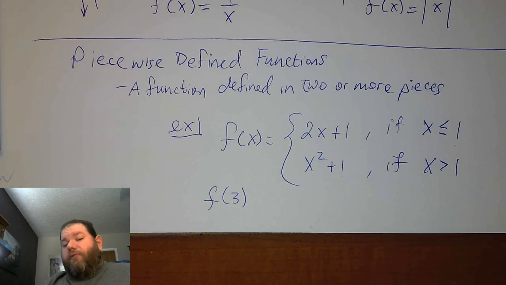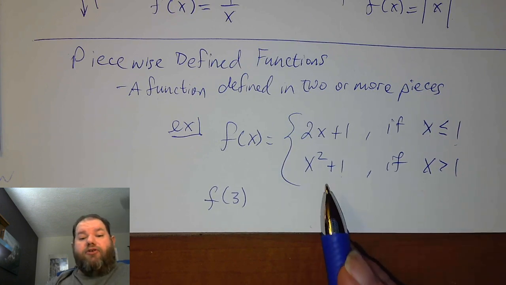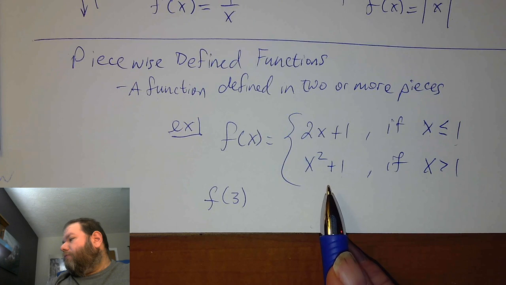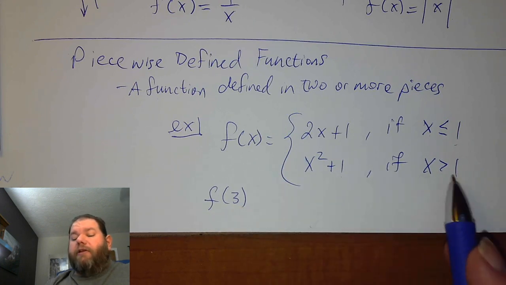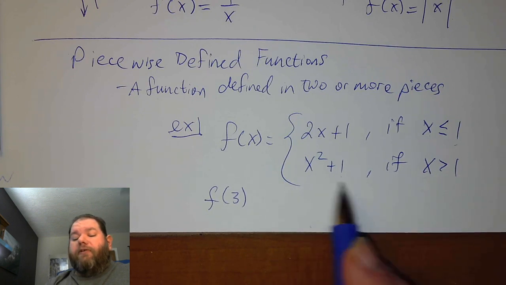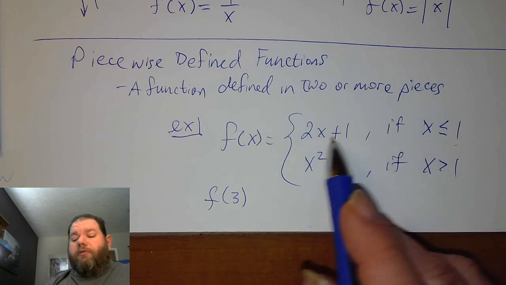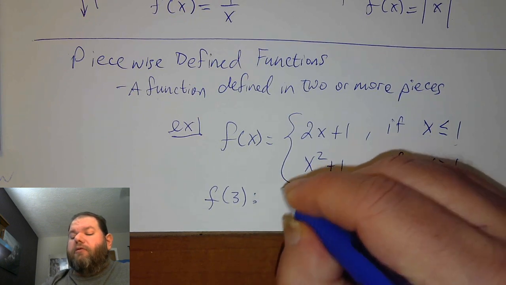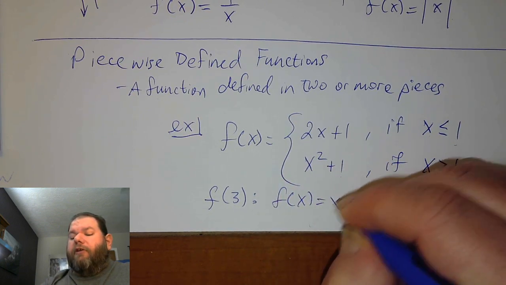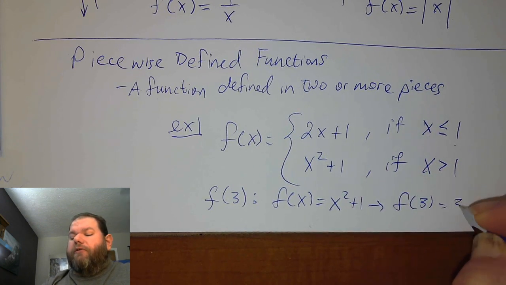Now 3 is greater than 1, so that means we will use this definition, x squared plus 1. Because the value of x that we're trying to plug in is bigger than 1, that tells us we want to use this piece of the function. If the value had been smaller or equal to 1, then we would use this other piece instead. So we use f of x equals x squared plus 1, then we plug in 3, and we get 3 squared plus 1, which is 10.